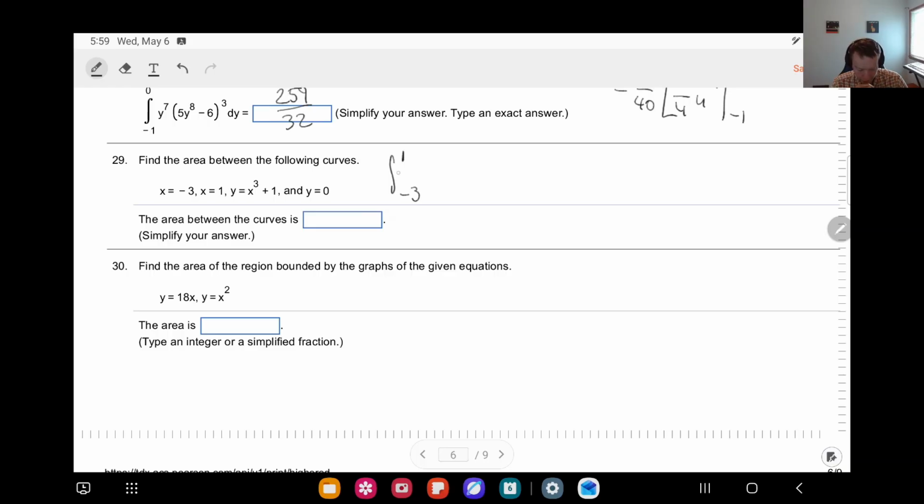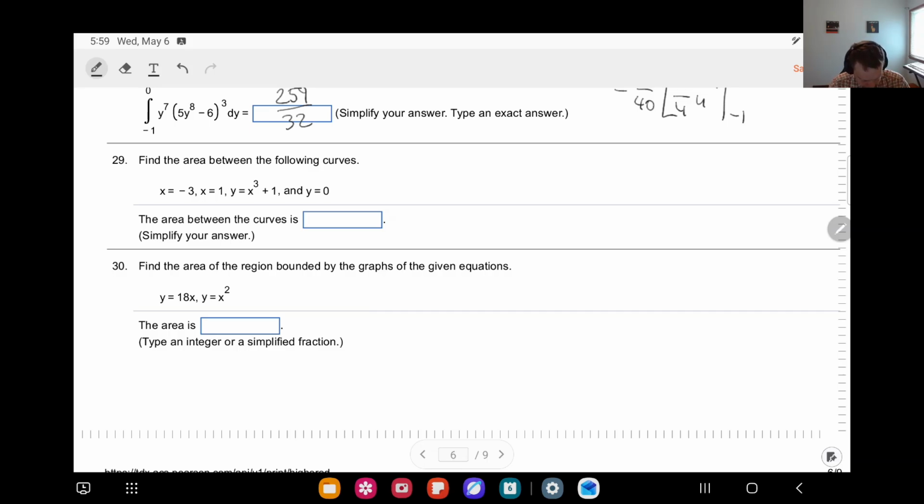I think I got a little ahead of myself here because it's going to depend. Again, I didn't do this one ahead of time. It's going to depend because these will cross each other at some point in that interval.